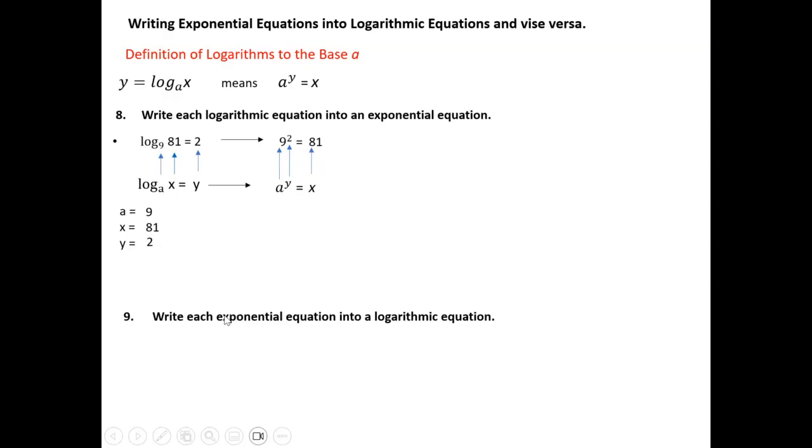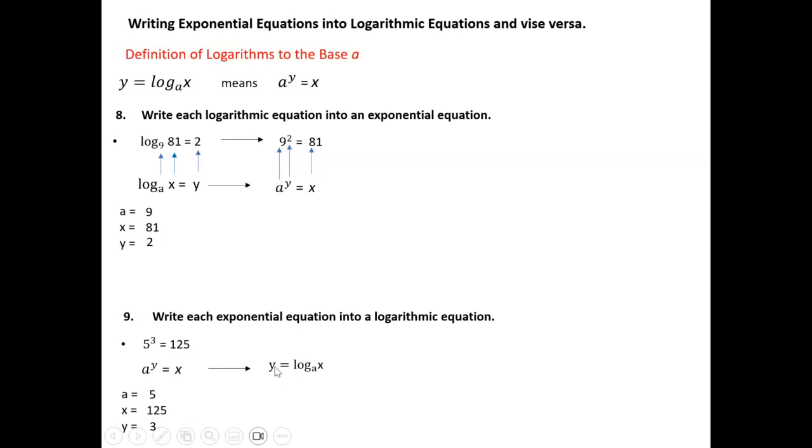Now we're going to go the other way, from exponential to logarithmic form. Again, we have to know what the a, the x, and the y are. My a is equal to 5, my y is 3, and my x is 125. Now we go back to the logarithmic form.